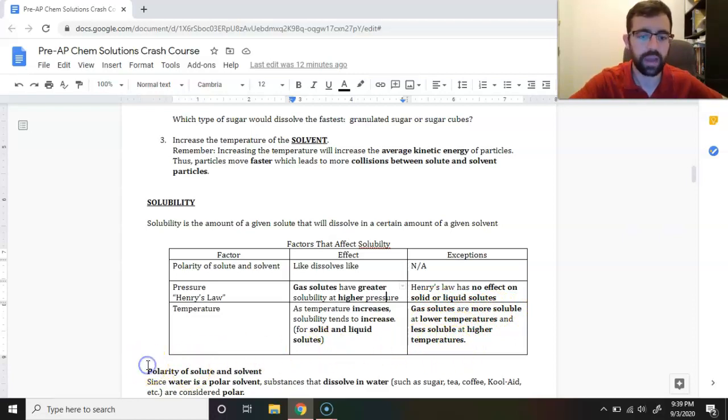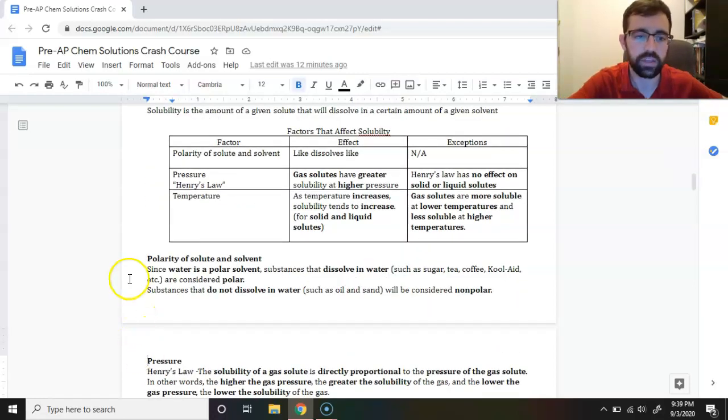To go back over each of these in a little more detail, keep in mind you can tell if something is polar by whether or not it will dissolve in water. So if I say something dissolves in water, since water is a polar solvent, we can assume that if it dissolves in water, there's a good chance it is a polar solute.